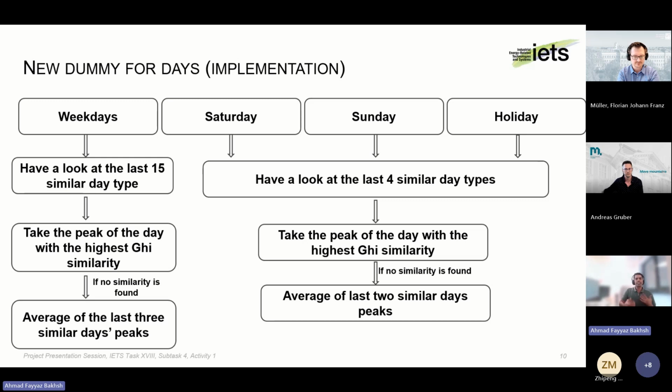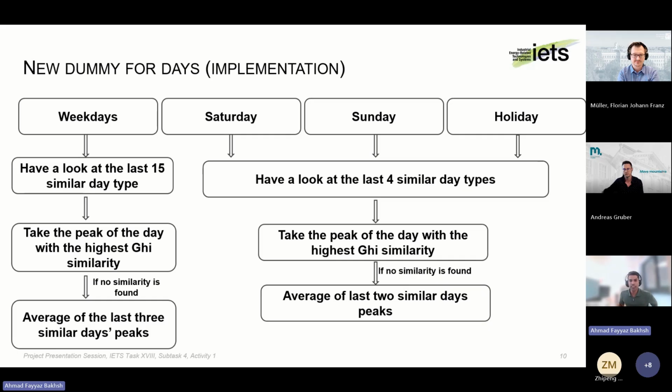For Saturday, Sunday, and holiday, we did the same, but for the last similar day type, because when it comes to Saturday or Sunday, the last 15 of the same day type would go back months and months, which is not really good with reality.